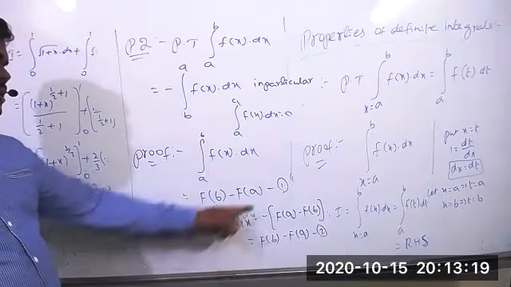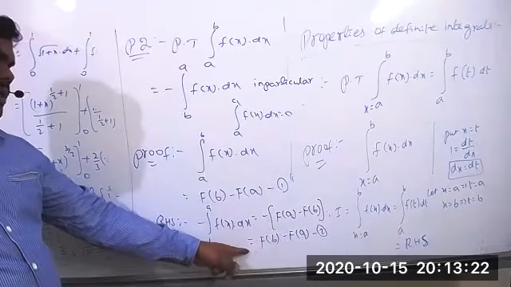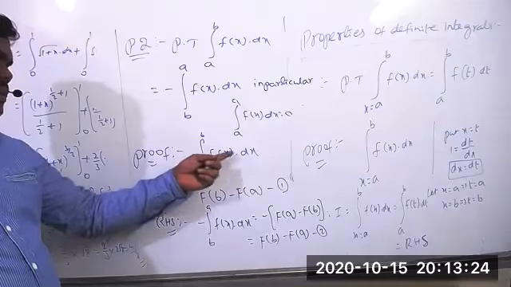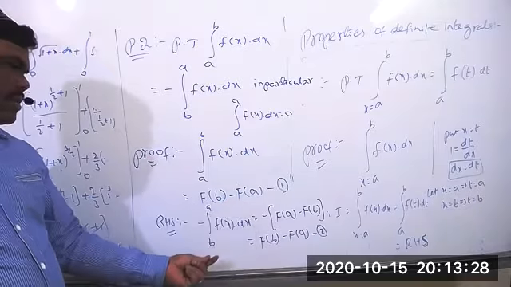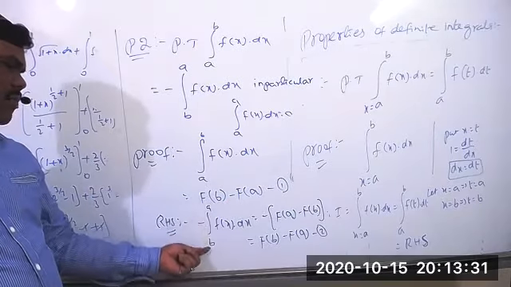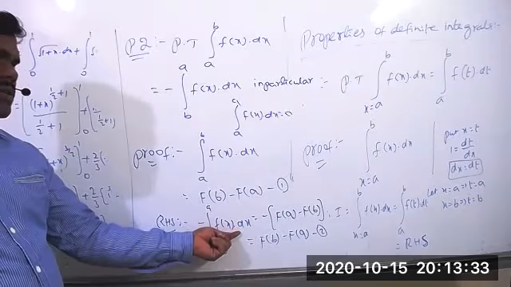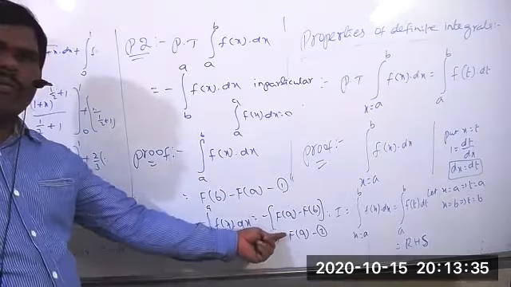Now from the first and second equations, the integration of a to b f of x dx we got clearly f of b minus f of a only. In the same way, minus integration of b to a f of x dx also clearly we will get f of b minus f of a only.